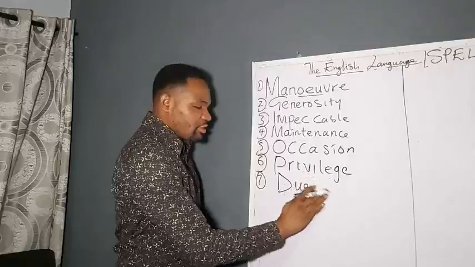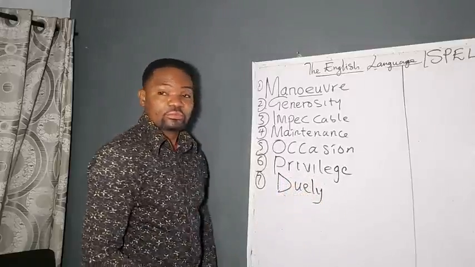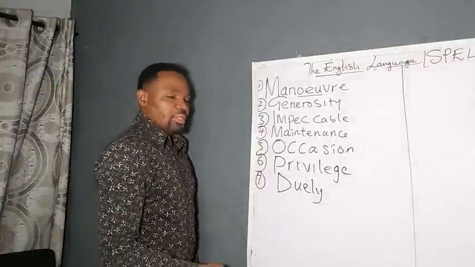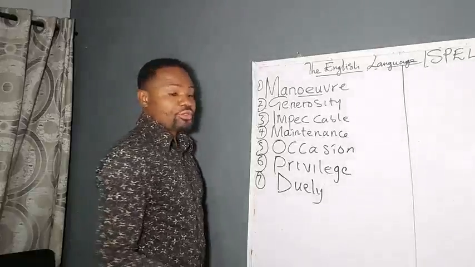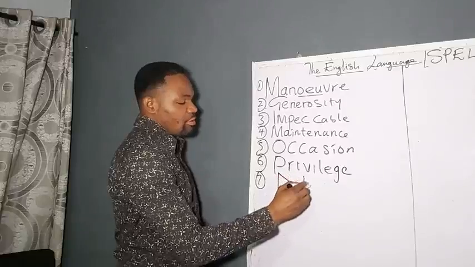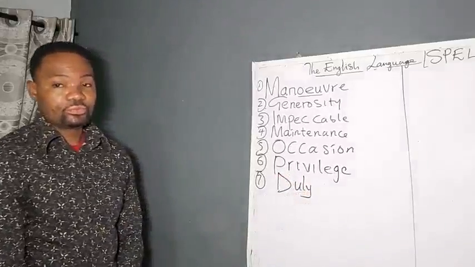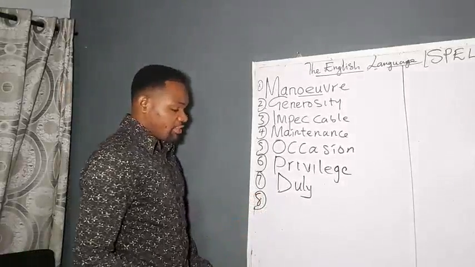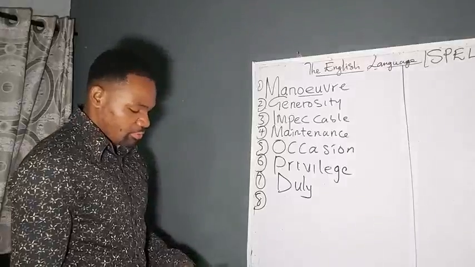So don't mark it yet. Or maybe this. Oops. You're wrong. Please note, the spelling on the board is wrong, so you're still going to take the E out of it. So the word is going to be duly. So, number 8. So that's what we're having here.